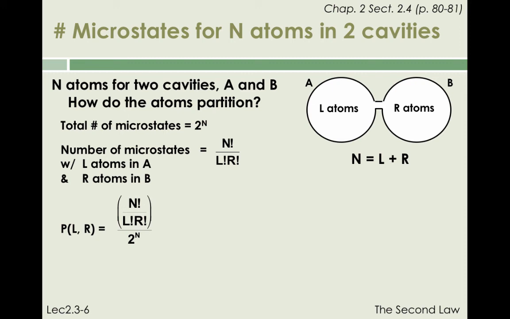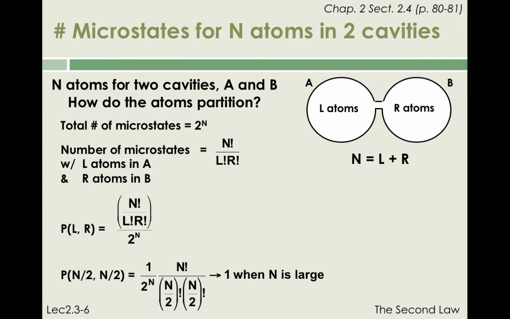We can use this formula to calculate the probability that the microstate has the same number of particles in the left and right containers. That is the fraction of microstates where L equals R equals n over 2. This number turns out to be equal to 1 divided by 2 to the power n times factorial n divided by the square of factorial n over 2.